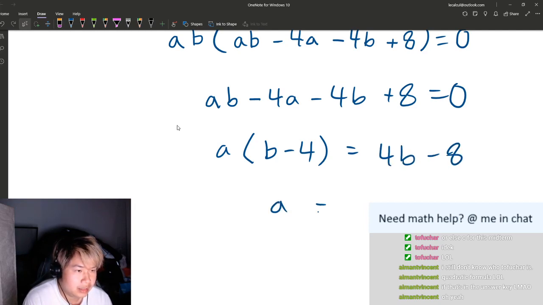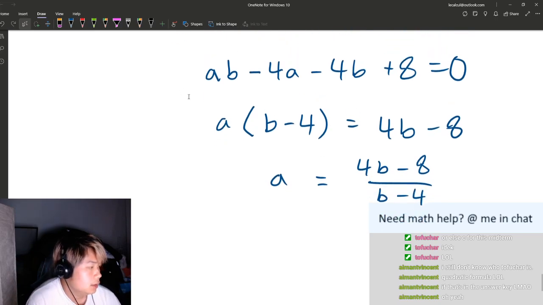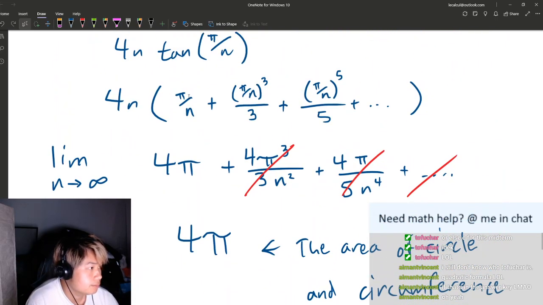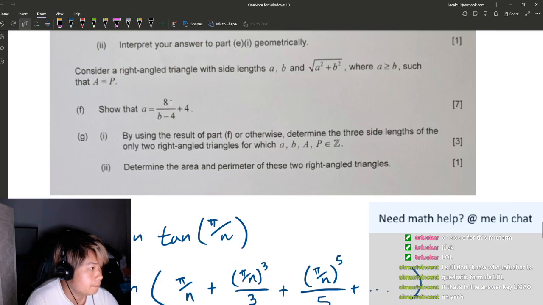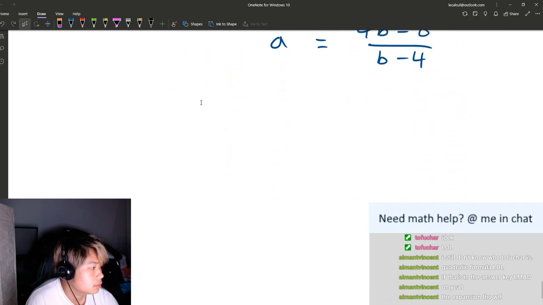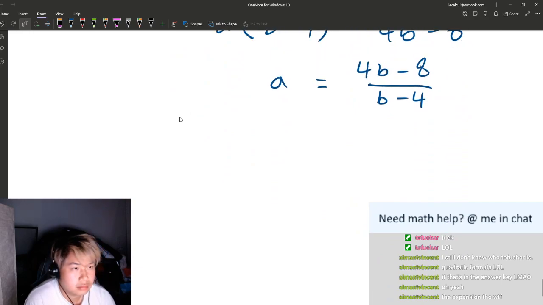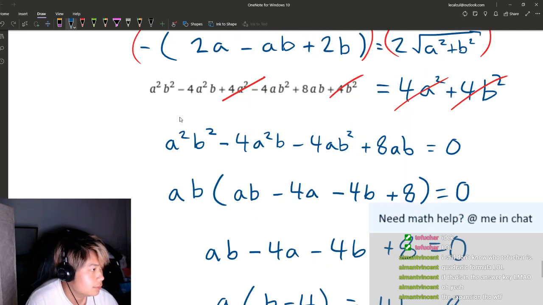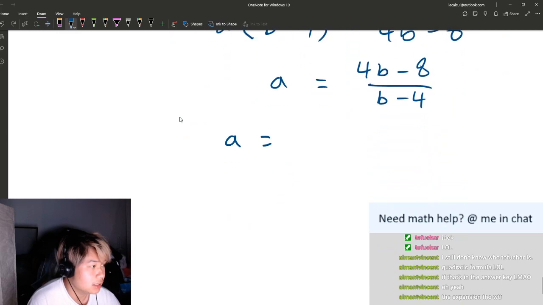So then A is equal to (4B minus 8) over (B minus 4). And then so they really did want me to expand a trinomial. Whatever, it's HL.